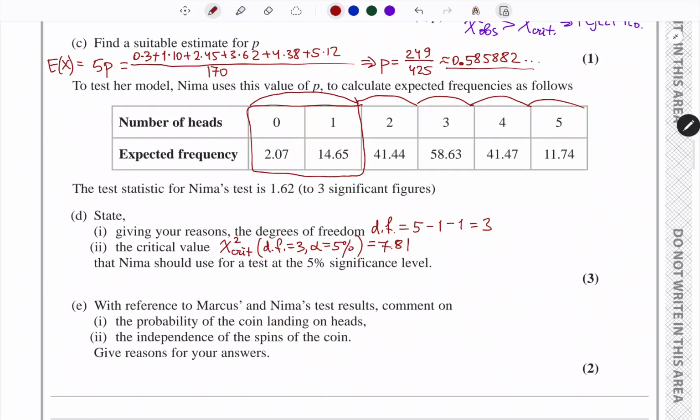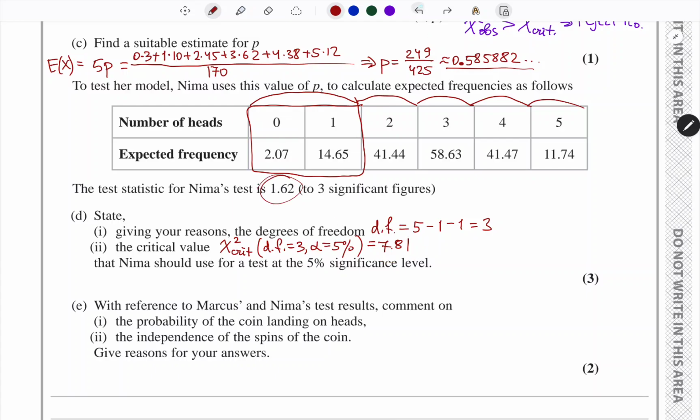Okay, part E: with no reference to Marcus and Nima's test results, comment on the probability of the coin landing on heads. Okay, with reference to the results. Oh, but we have to perform the test.